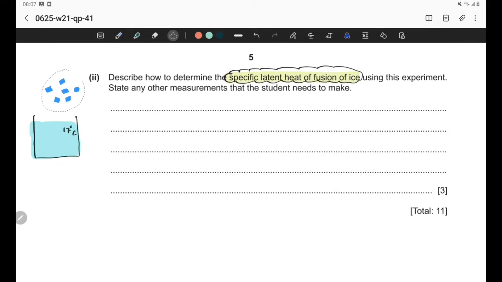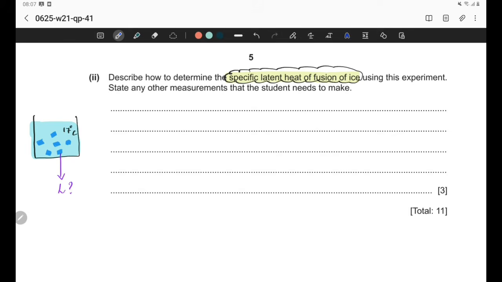Then a few ice cubes which are at 0 degrees Celsius are dropped in this water. Now we need to measure experimentally how much energy these ice cubes required to convert from ice to water at 0 degrees Celsius. That is nothing but the latent heat of fusion.